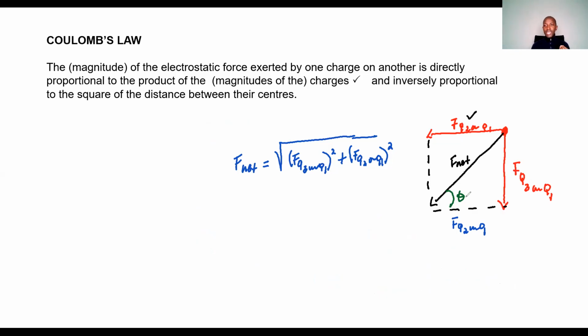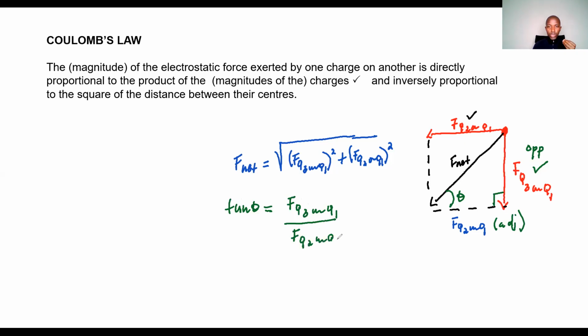Using trigonometry, I've got this side, which is the opposite side, and this side, which is the adjacent side. I'll put in my 90 degrees just to refresh your memory. So tan theta is equal to opposite over adjacent, because that's what works: tan theta equals force Q3 on Q1 divided by force Q2 on Q1.